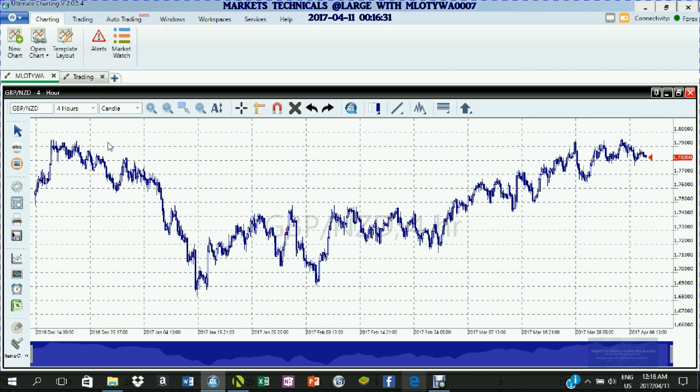So for this day we are expecting only 6 candlesticks, since in a day we have 24 hours. To know how many candlesticks we will have for the day, just divide 24 hours by 4, and you'll get 6. So we'll expect 6 candlesticks out of the market today.